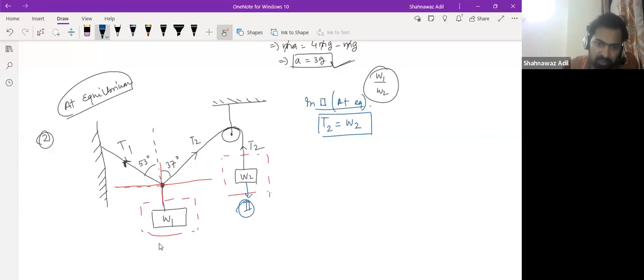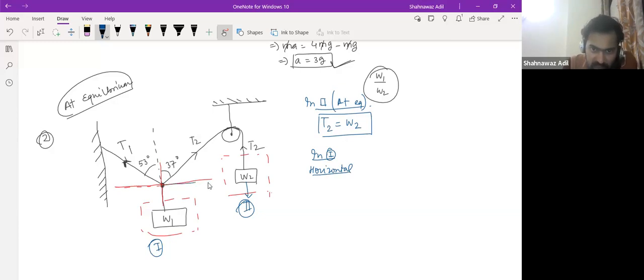And in the first one, we have two components: a horizontal one and a vertical one. So let's solve the horizontal one first.